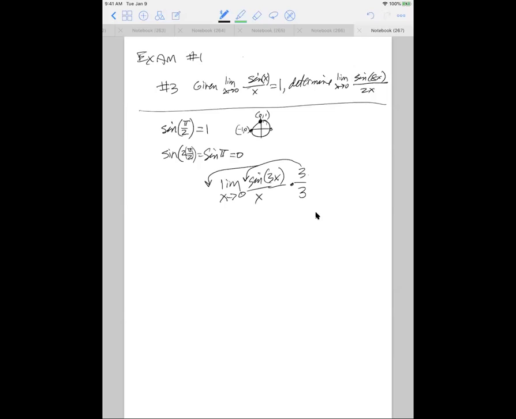That's 3 times the limit. So this is equal to 3 times the limit as x goes to 0 of the sine of 3x over 3x now, because this 3 goes here and this 3 goes in front, okay?